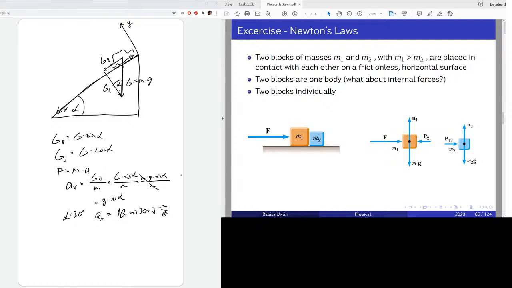Of course, another example, how to play with the forces as vectors.